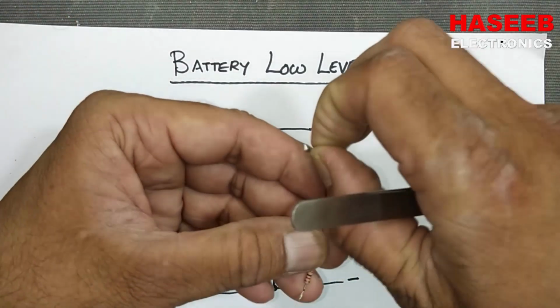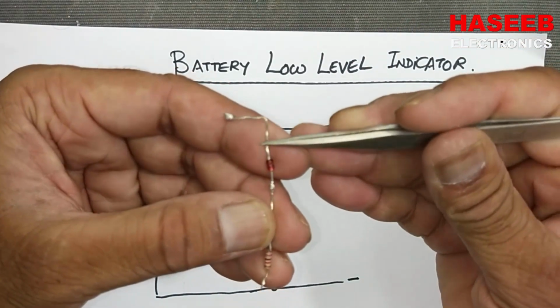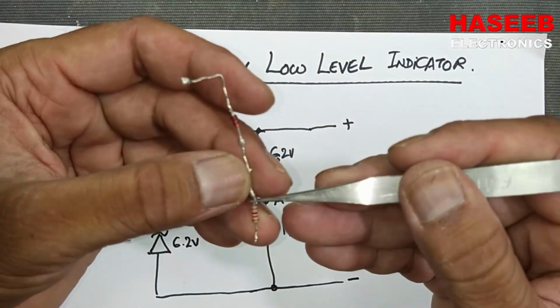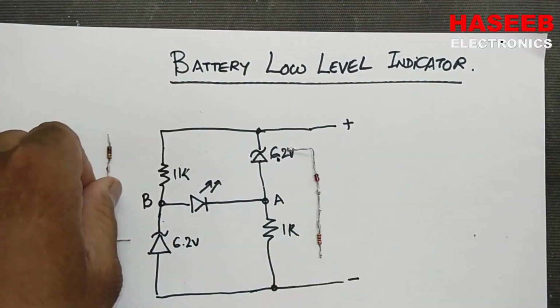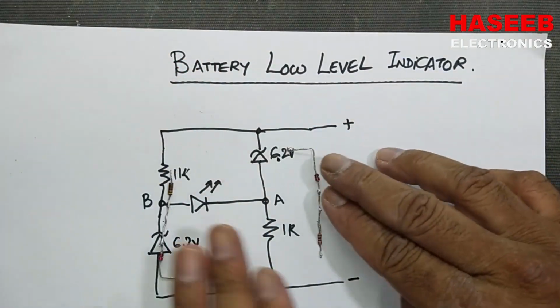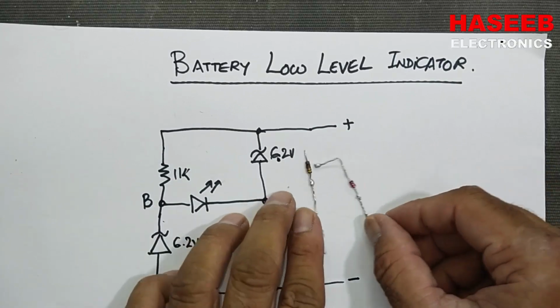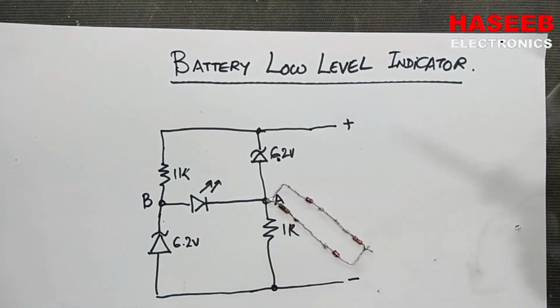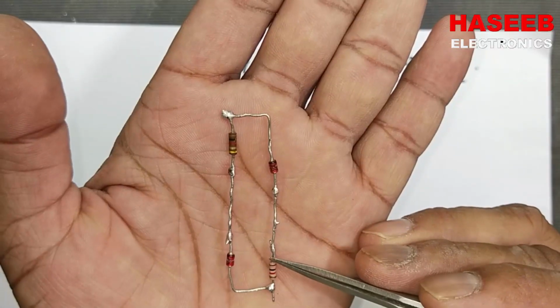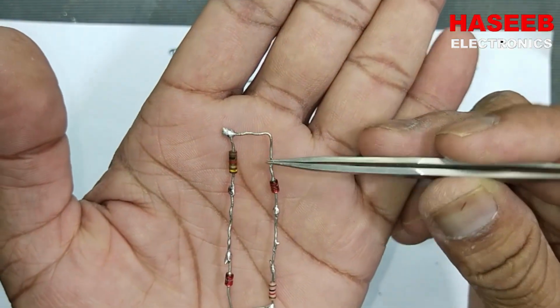The second set: cathode, anode, 1 kilo ohm resistor. So it is here. When we want to connect it, similarly bring it here. Resistor, anode, cathode.